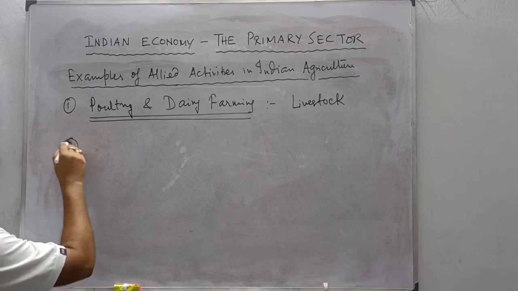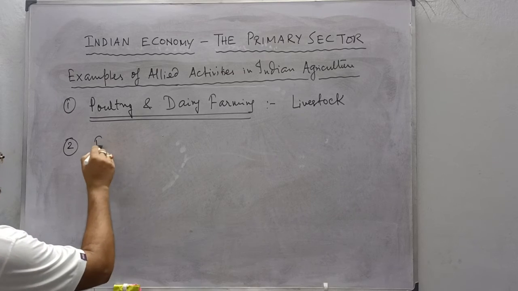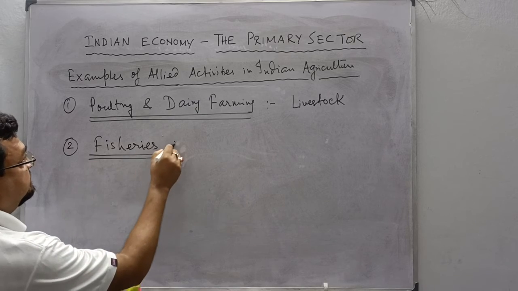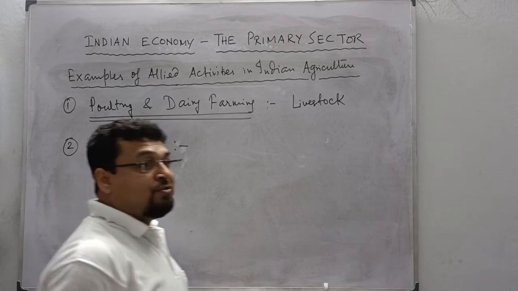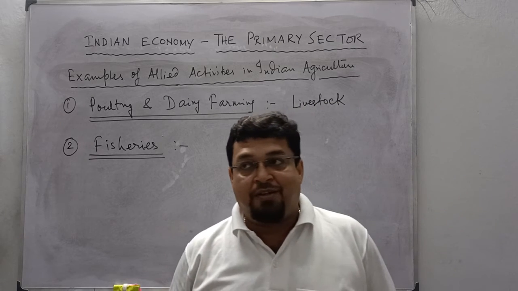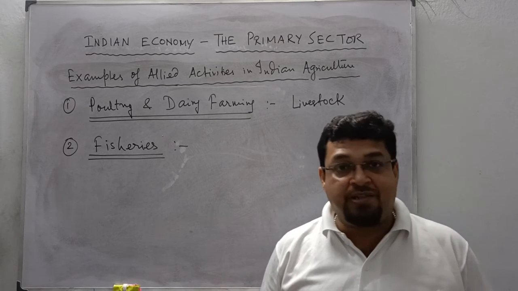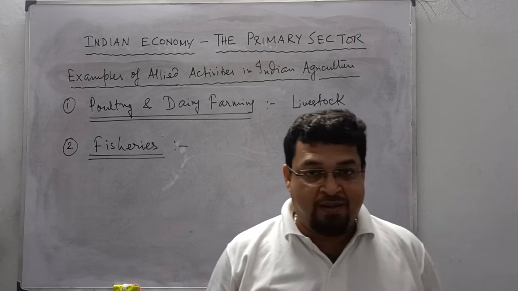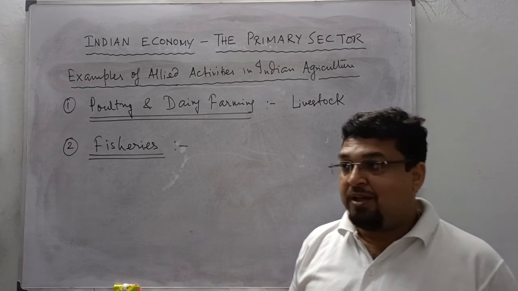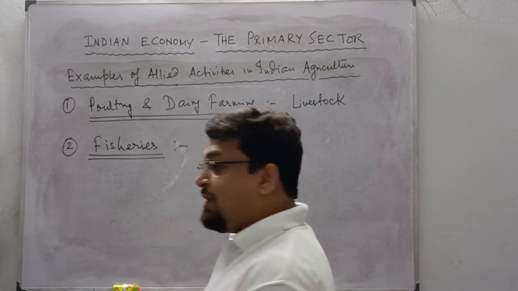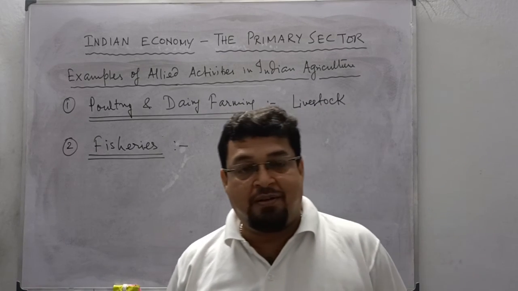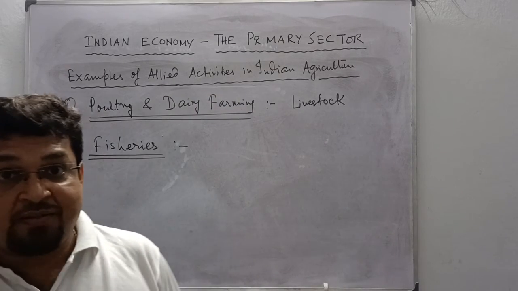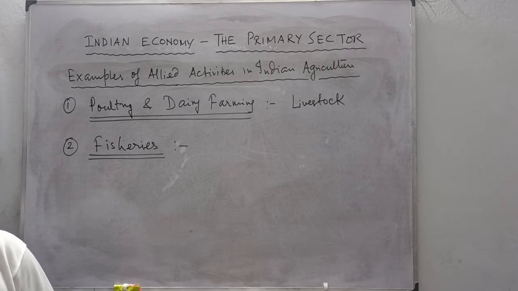Number two is fisheries. Fisheries have different types. You talk about aquaculture, fishes being brought to the market for daily consumption. That is a very common one. Then you have inland fisheries and marine fisheries.